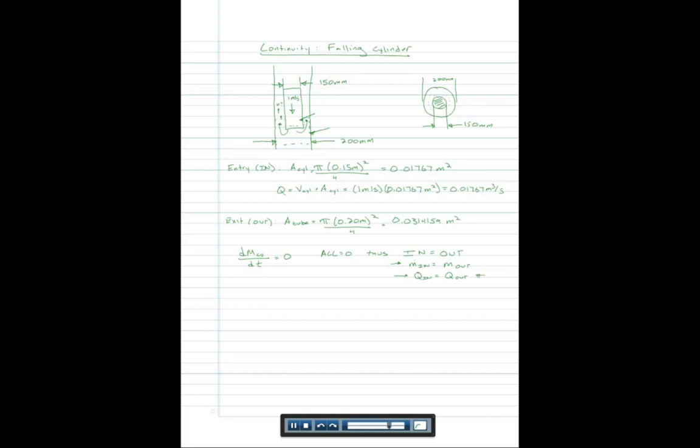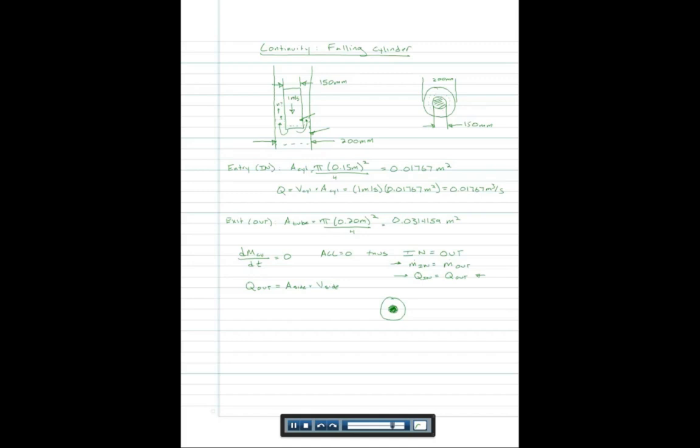And that's what we're going to say when we calculate that the Q out is the area in the side times the velocity in the side. And by the side area, what I'm talking about is the area that water is actually going to be flowing through, excluding the cylinder that's going down.